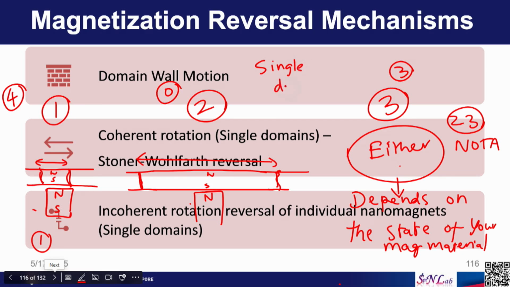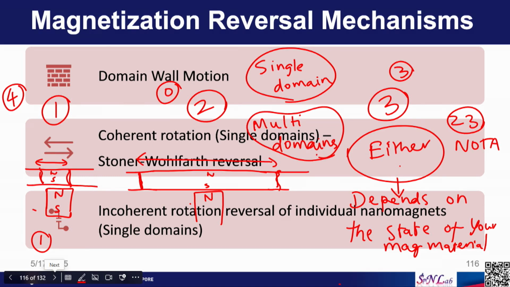In some cases, the system will have no domains, all the tiny particles being in a single domain state, and in some systems we will have multi domain states. So, depending on whether you prepared a system of single domain particles or multi domain particles, either can happen.